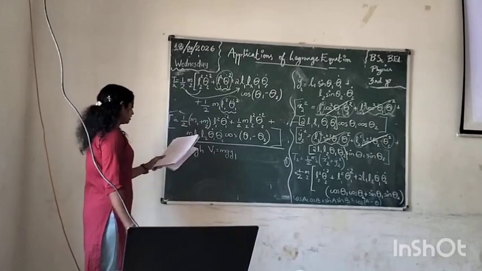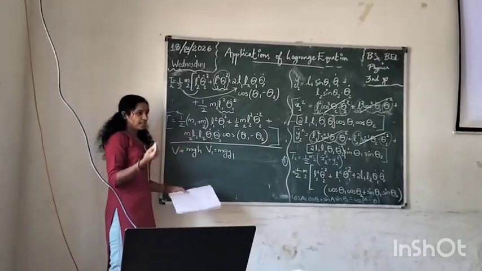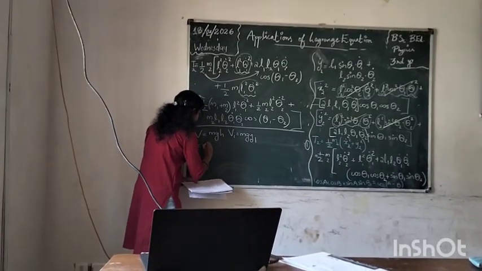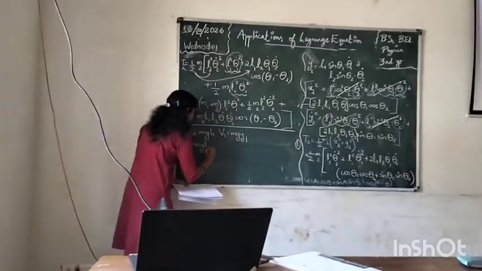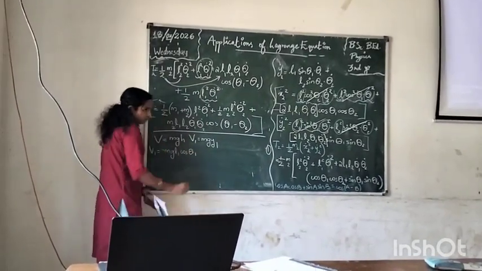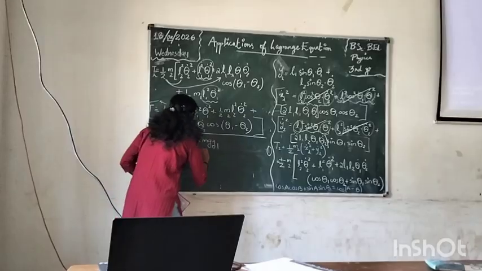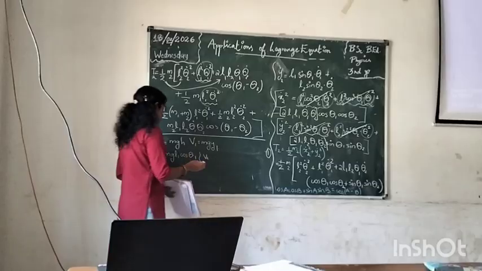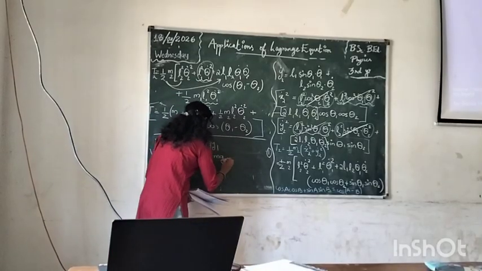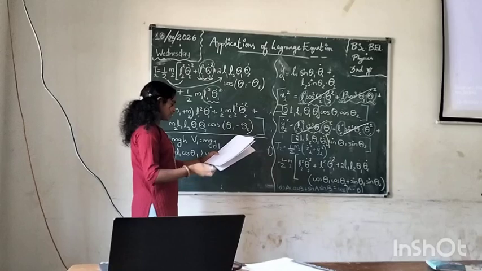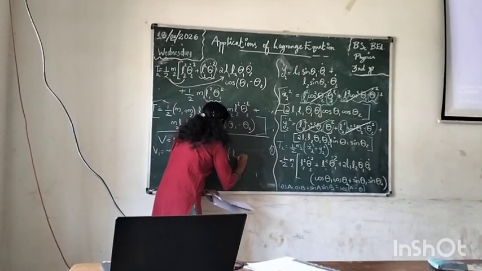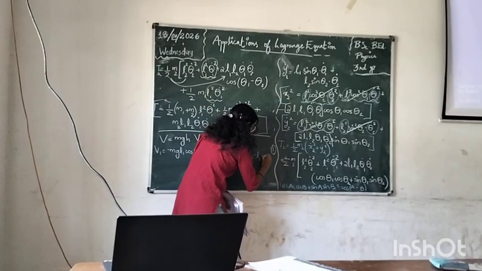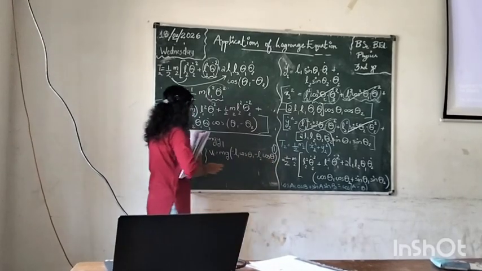Our equation for y1 was minus L1 cos theta 1, so V1 is equal to minus m g L1 cos theta 1. And V2 will be m2 g into y2, where y2 is minus L1 cos theta 1 minus L2 cos theta 2, because it is y1 plus the other.